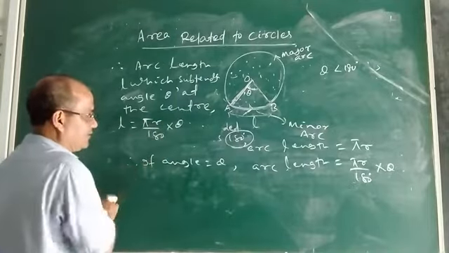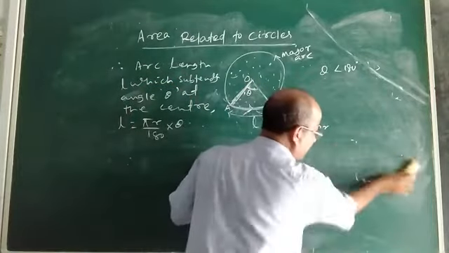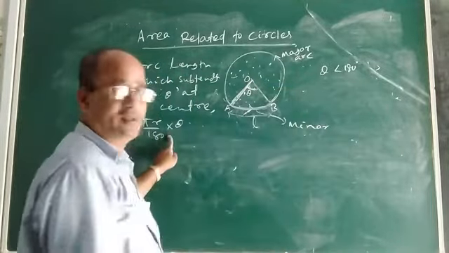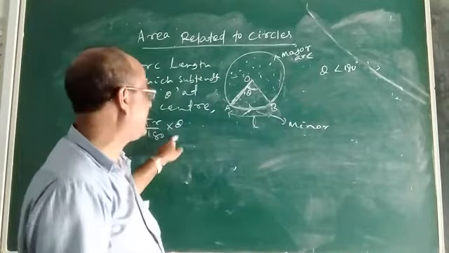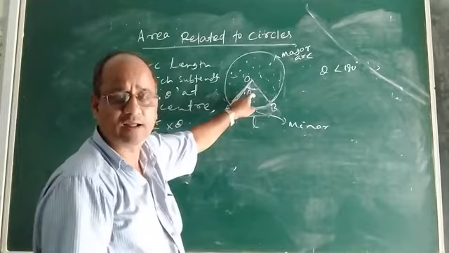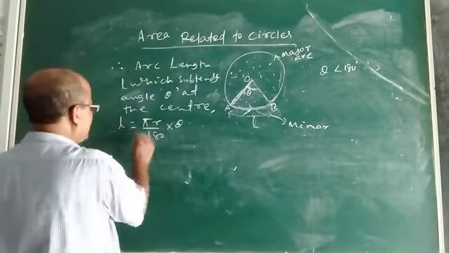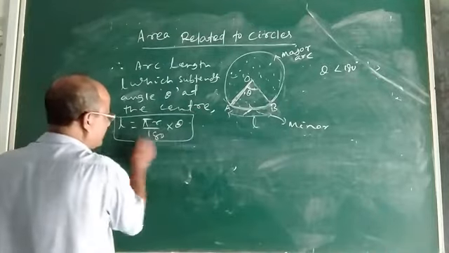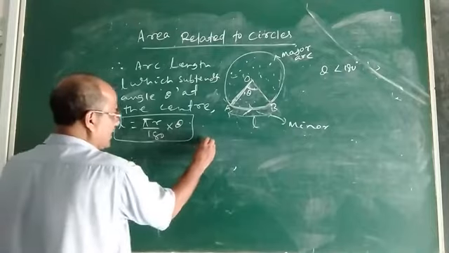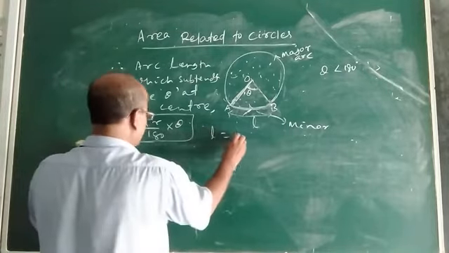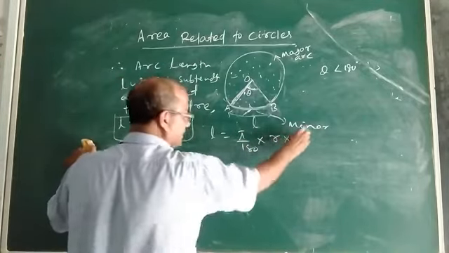So this will be the formula to calculate the length of an arc which subtends angle theta at the center, where the circle has radius r. We can also write L equal to pi by 180 into r into theta, r theta.